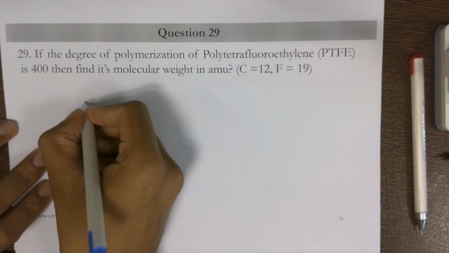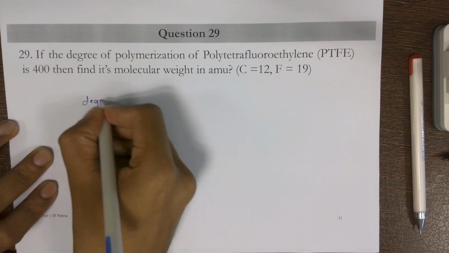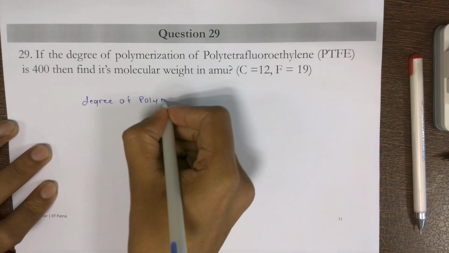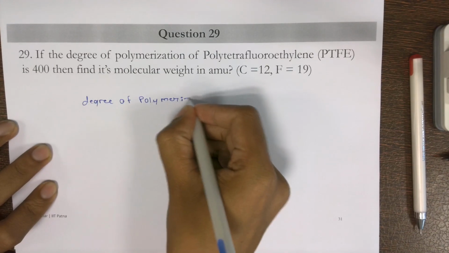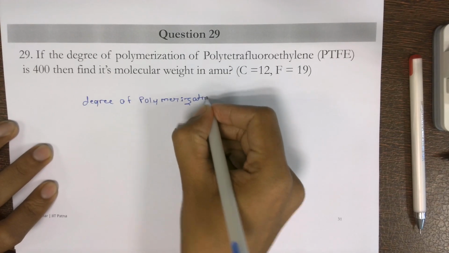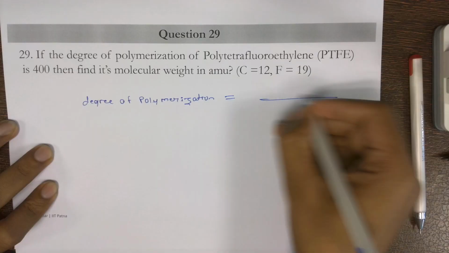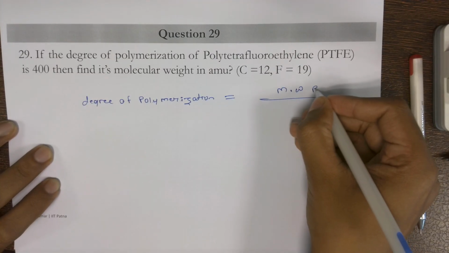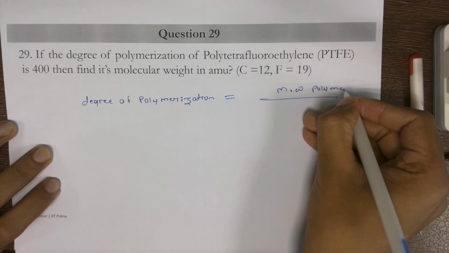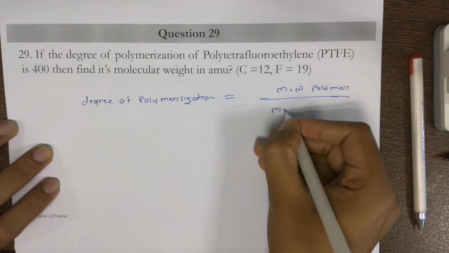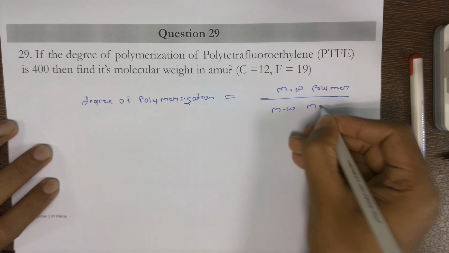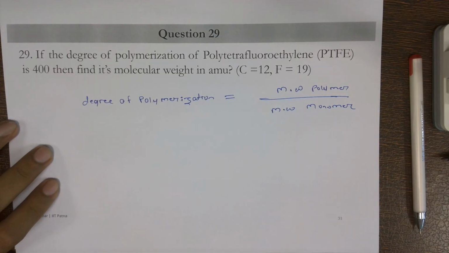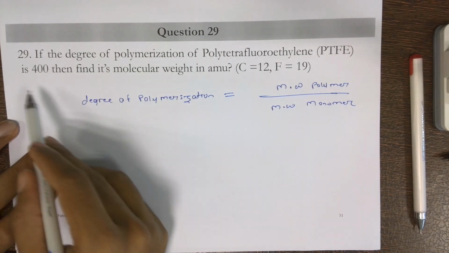So we know that degree of polymerization is given by the molecular weight of the polymer divided by the molecular weight of the corresponding monomer. The degree of polymerization is given to us, 400.